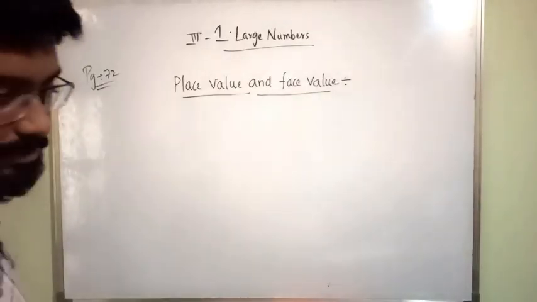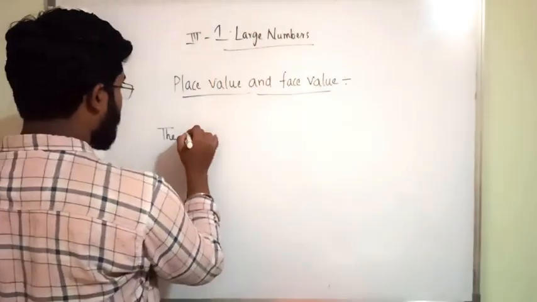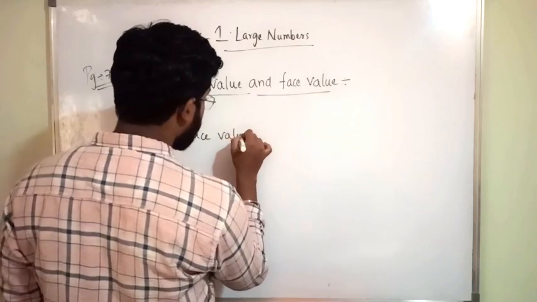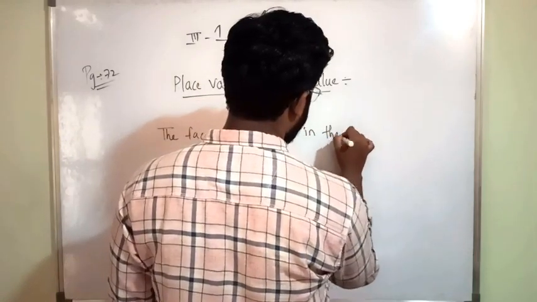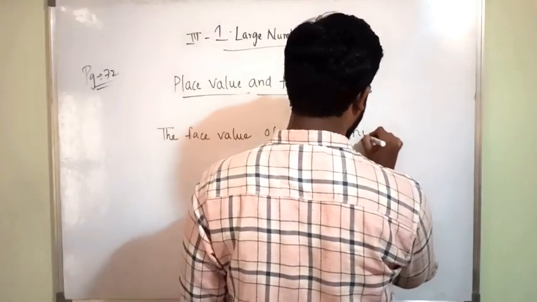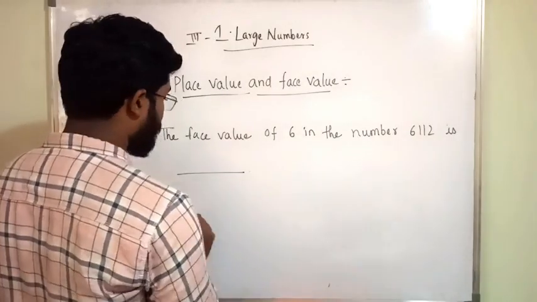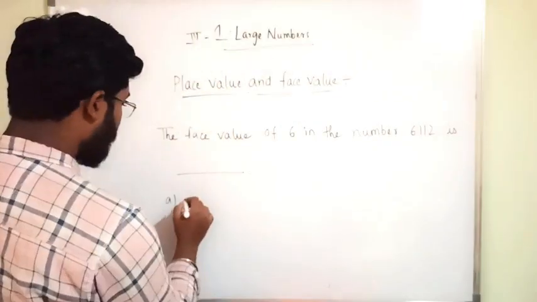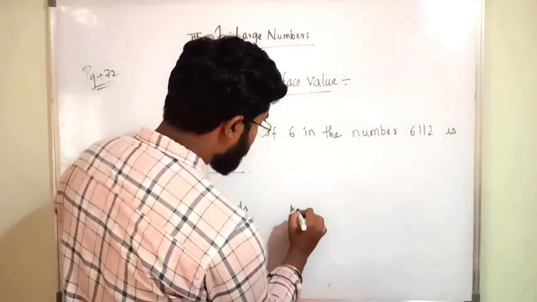So here let us discuss this. There is a fill in the blank below in the pink color box: the face value of 6 in the number 6112 is what? Option A is 6000, option B is 6.